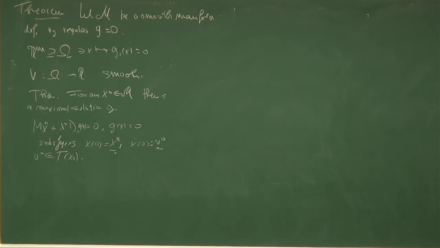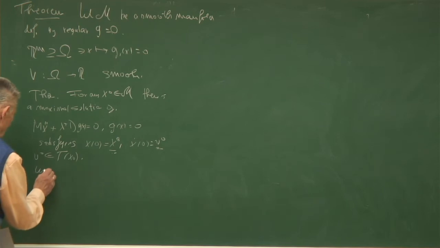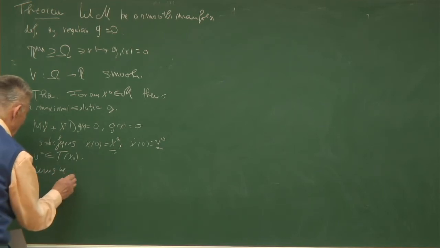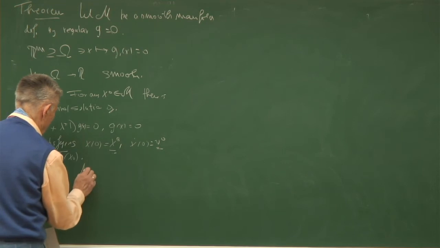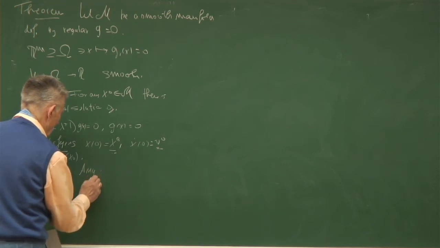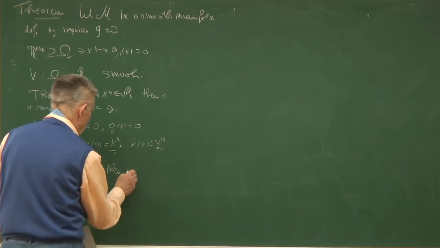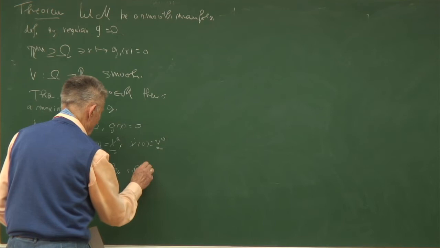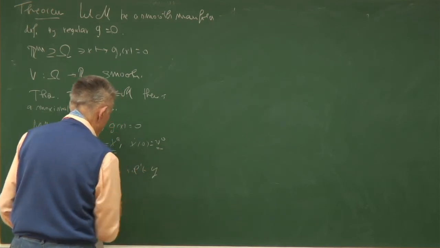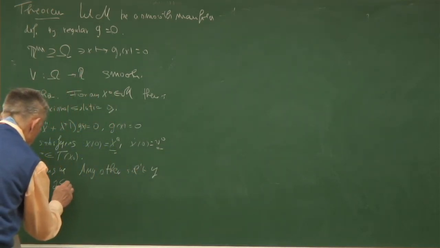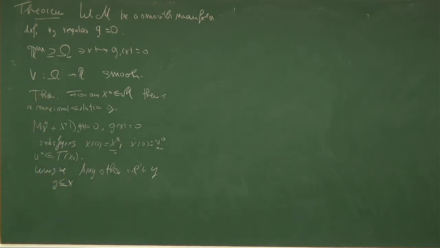And the uniqueness, again in the sense we used it before, any other solution of it is a restriction of it. Unique. Any other solution y should be contained in it.